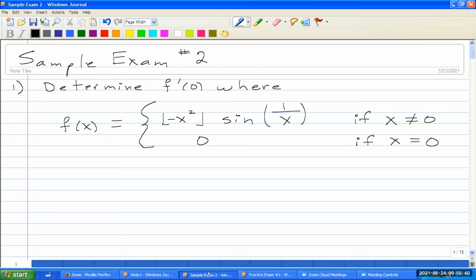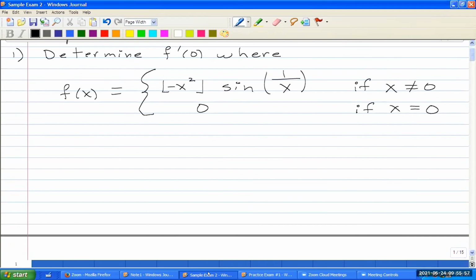And so first off, let's see what the floor of negative x squared looks like near 0. So in particular, between -1 and +1.